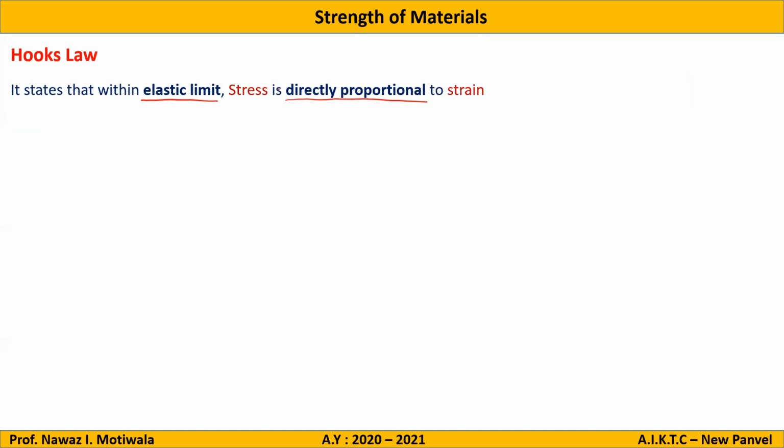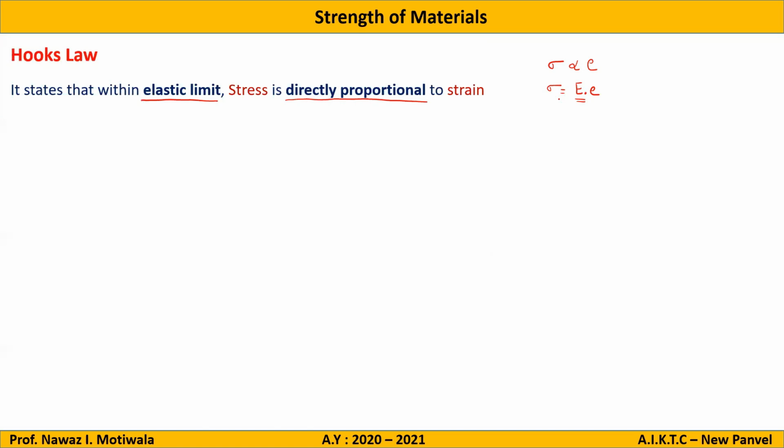So if I write in terms of a mathematical relation, as per Hooke's law, stress, that is sigma, is directly proportional to the strain, which is epsilon. If I remove this proportionality sign, I will write sigma is equal to E multiplied by epsilon, where E is the Young's modulus of the material. Now this new term has been introduced, E, which is Young's modulus.